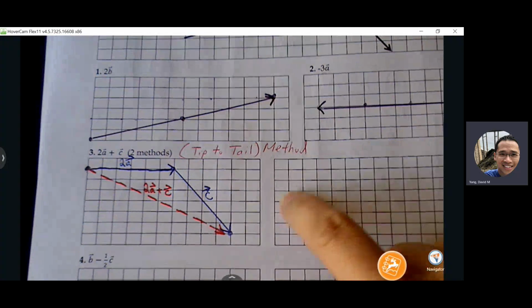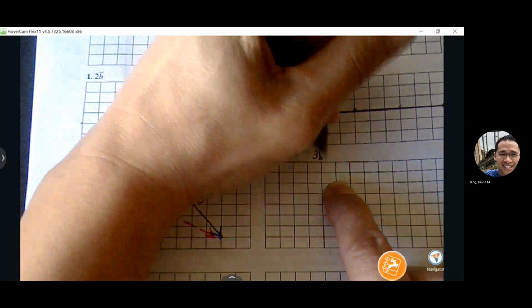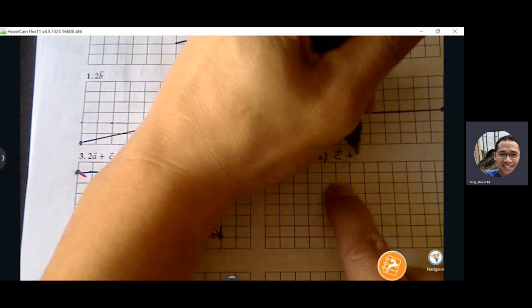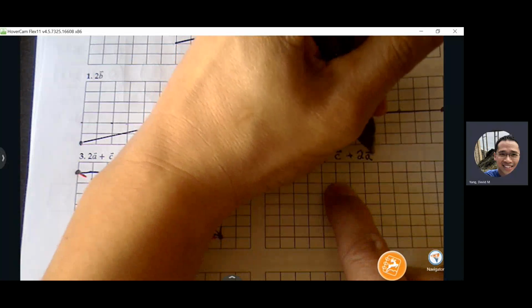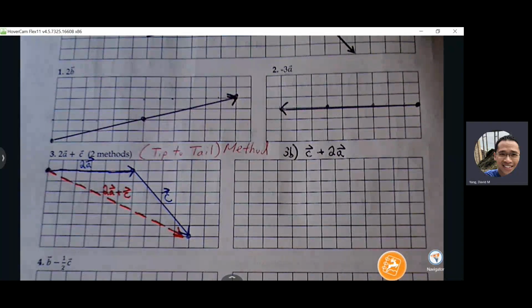Let me have us do one here. Let me call this 3B. You guys can try this one here: vector C plus vector 2A, and use this box here.